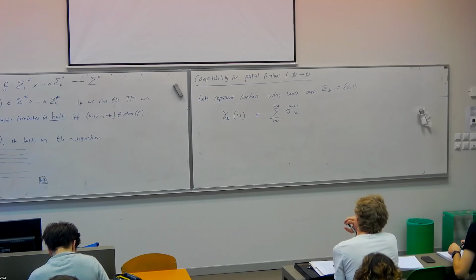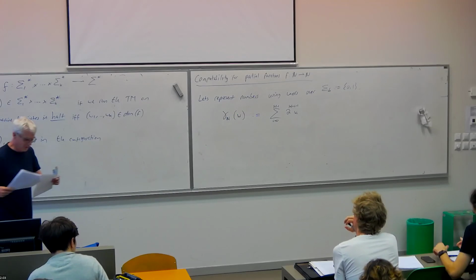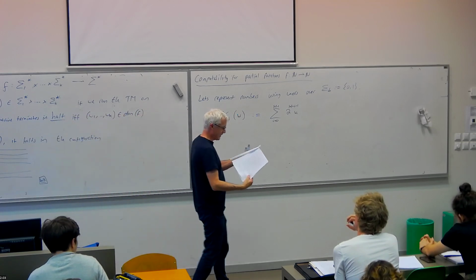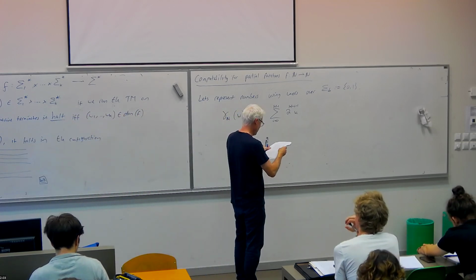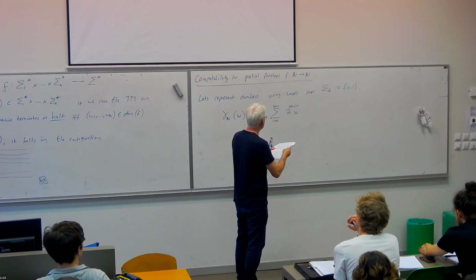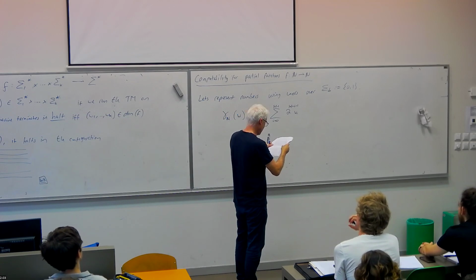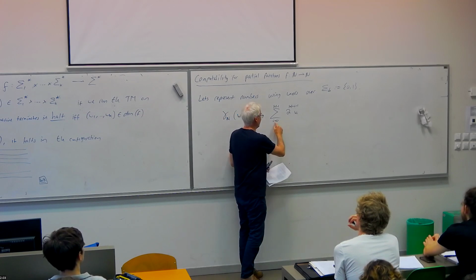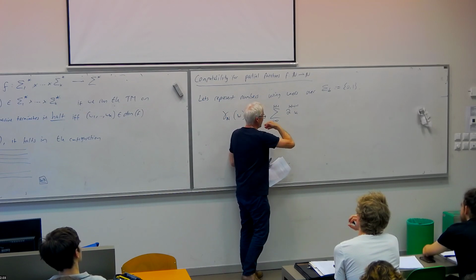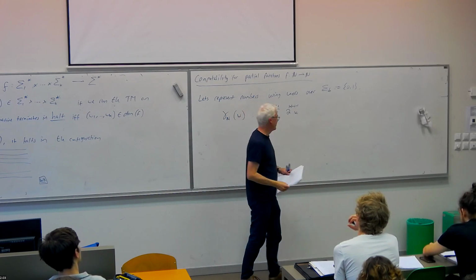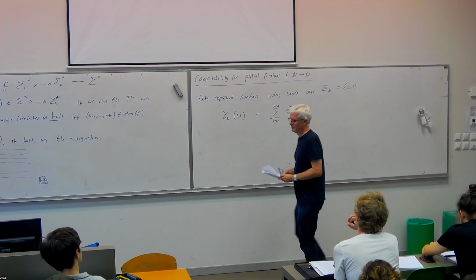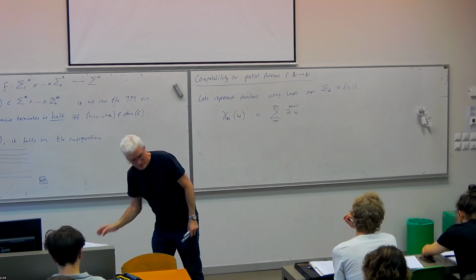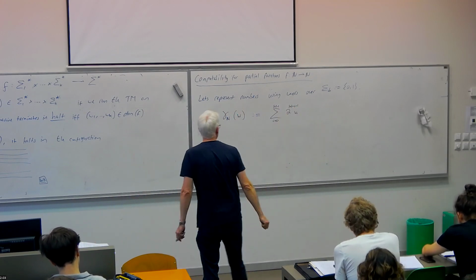Let me just check in the notes, and if we've got three things agreeing, then that's good. I do it the other way around in the notes, starting at the right-hand side, but it is the same. It's okay, this is fine. So good.